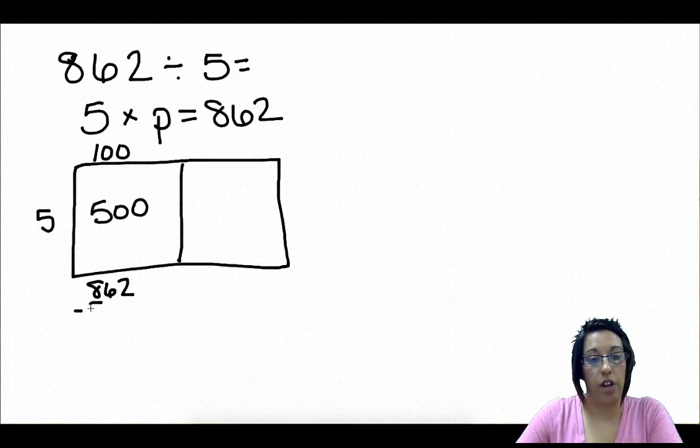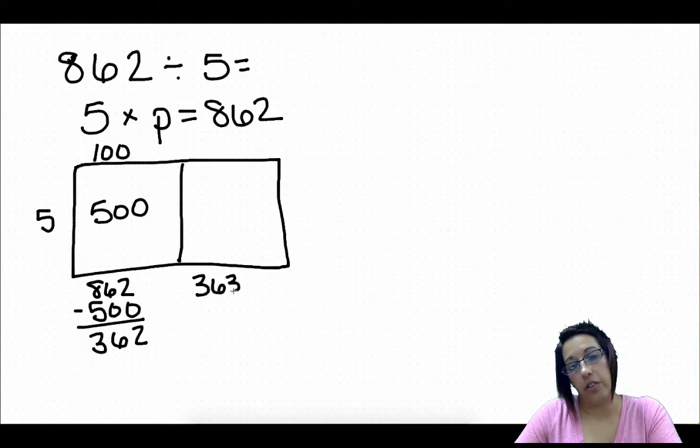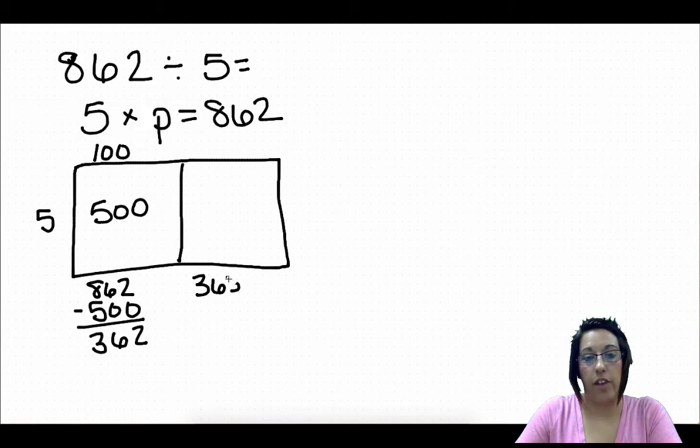That's the biggest chunk that I can think to take out so far. And we subtract and get 362. Let's fix that little math mistake, because that would have affected the answer of our problem.